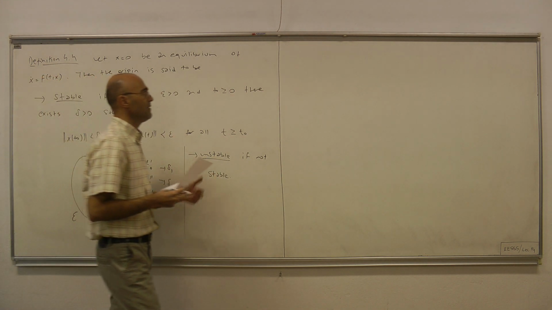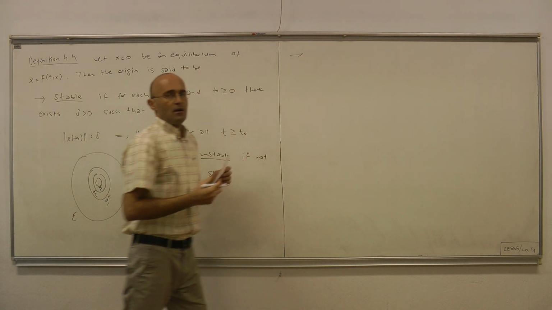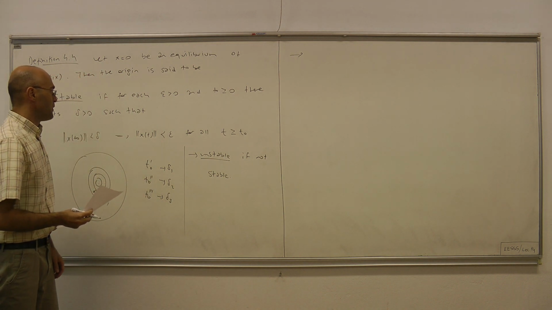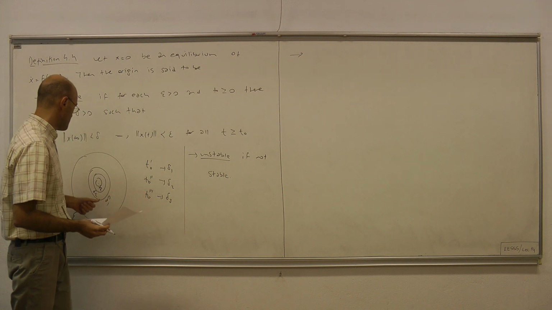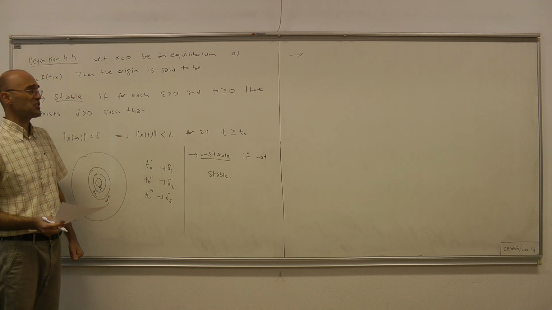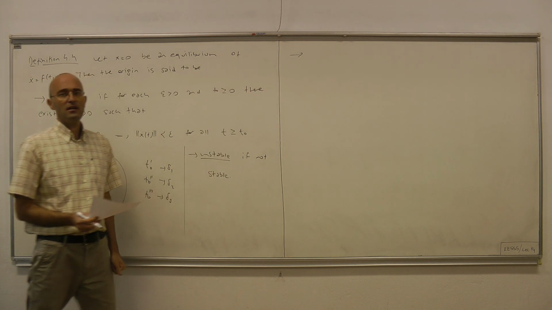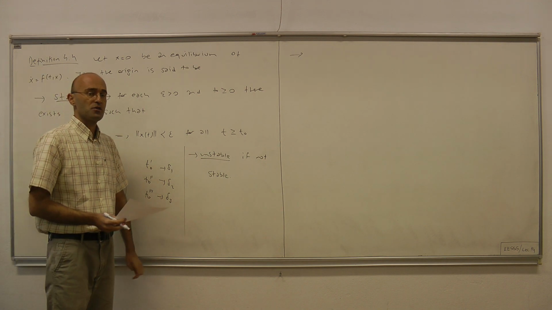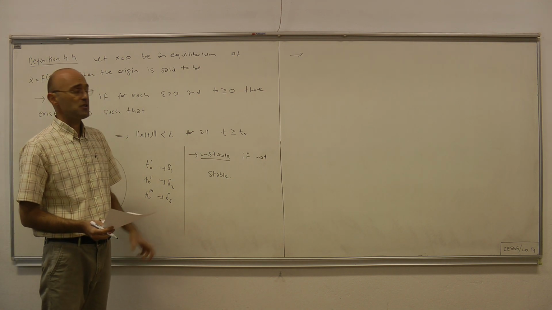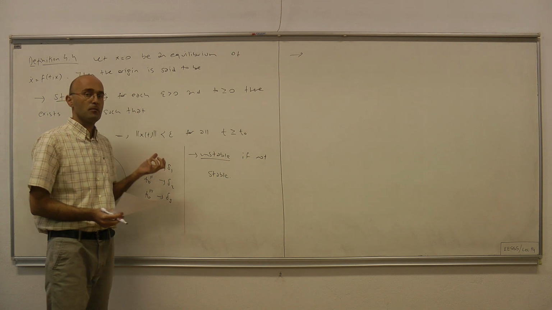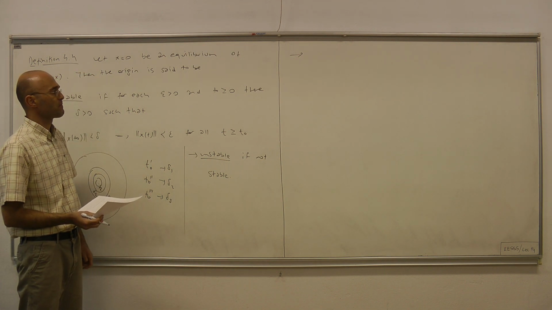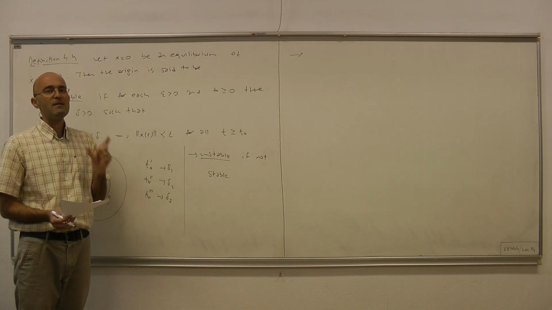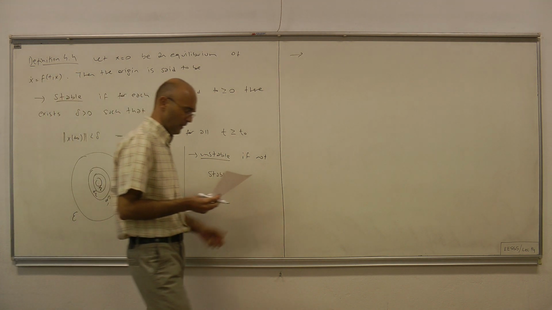Okay, and then for many applications, it's desirable that this delta does not depend on when you start your system. So for a non-autonomous system, that would be a stronger version of stability, and that type of stability is named uniform stability.